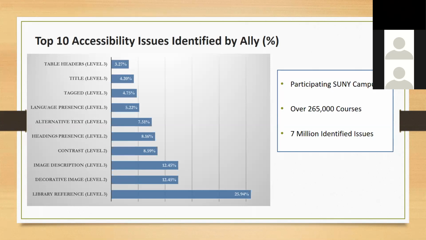So Ally seems to be very good at flagging images that need to be tagged, or documents that are not OCR compliant, but Ally is not actually putting in the tags. The faculty member still has to fill in those words. I'm not sure if I understood that correctly.